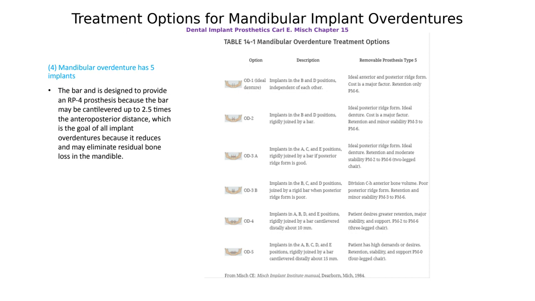This has many benefits in that it makes the prosthesis more stable and also eliminates or reduces the bone loss in the mandible, because now you have something that is inserted in the bone and that induces the osseointegration process.